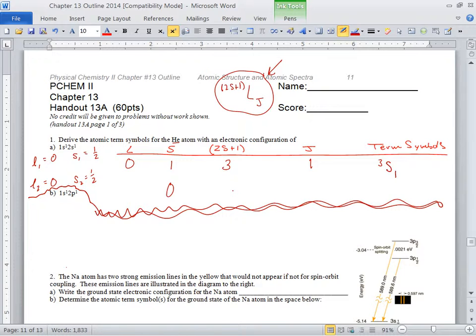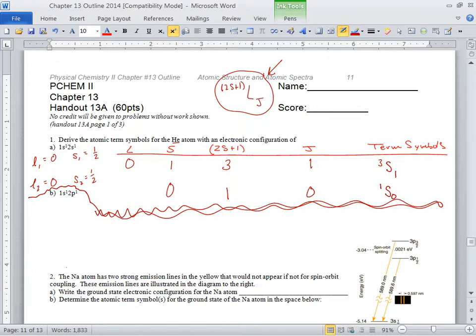So what did you come up with as a term symbol? Superscript 1, S, 0. Yeah. Everybody agree? Right? Good.